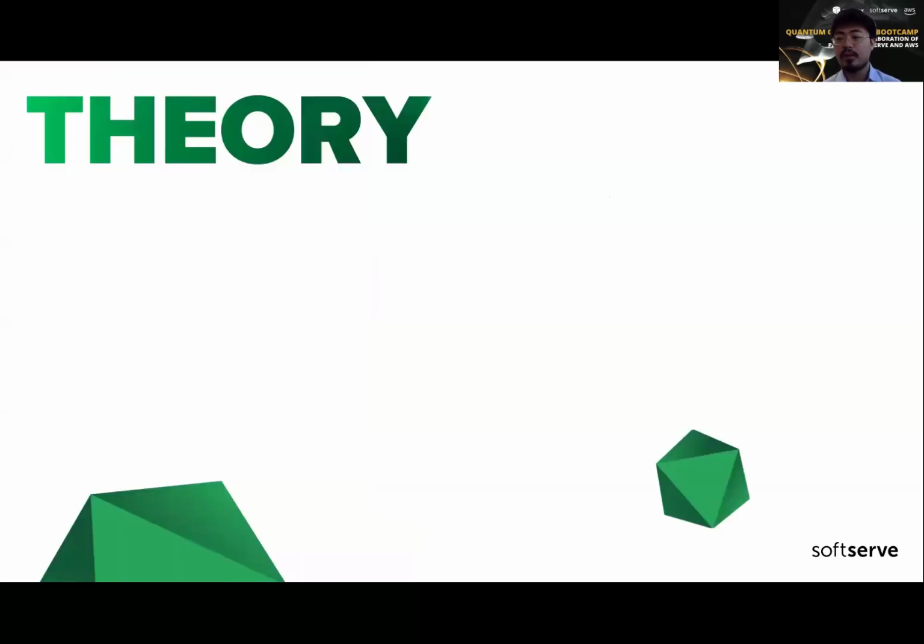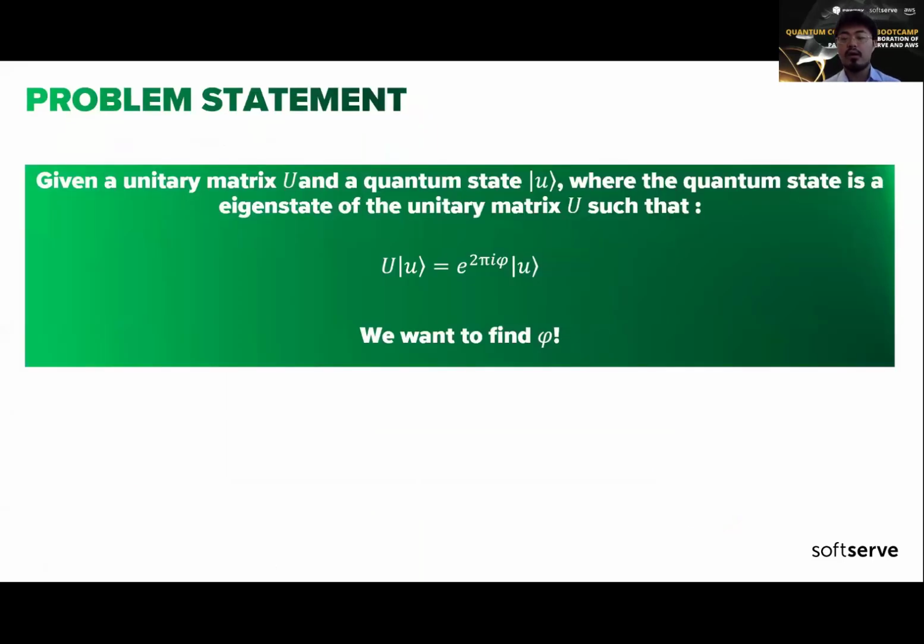So, firstly, the theory behind the quantum phase estimation. As I said, we always want to start with the problem statement at hand.